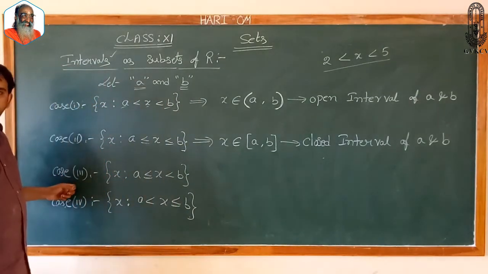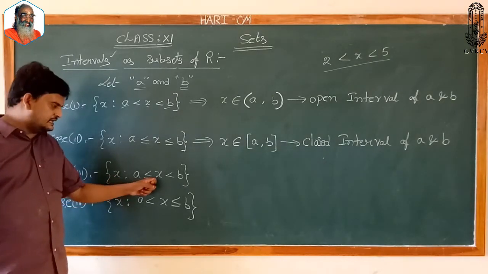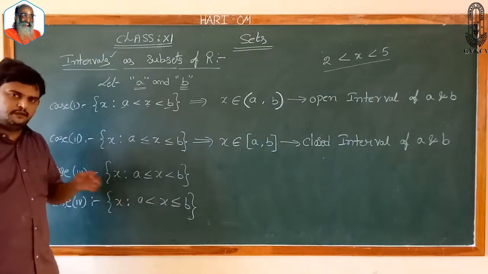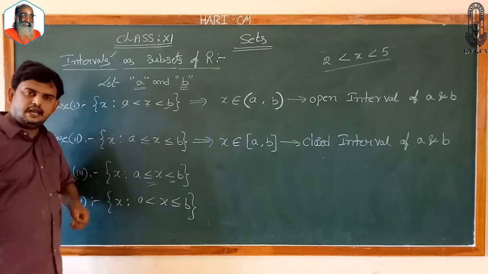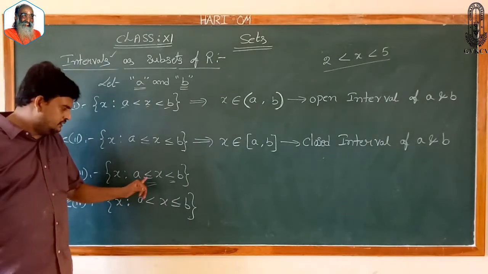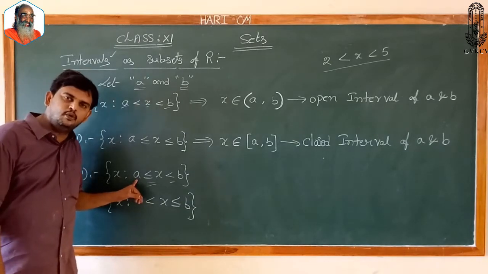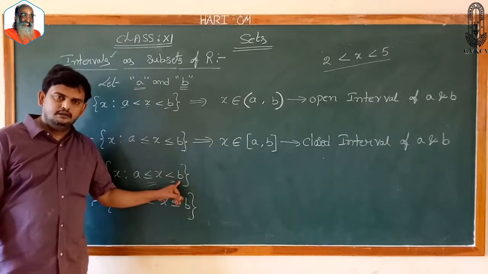Now case 3. What is case 3? X such that a less than or equal to x less than b. Now you can observe. Here I have less than or equal to and here I have only less than. That means x may be equal to a but not equal to b.